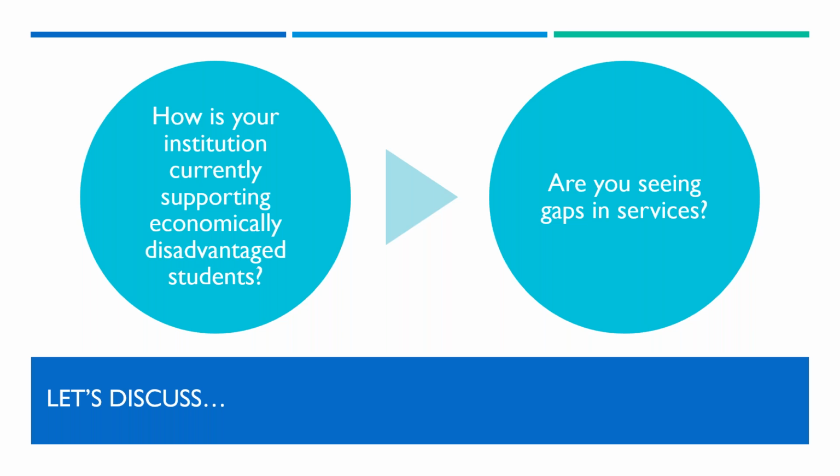Or what are some thoughts that you, experiencing everything with the pandemic and going virtual and e-learning, what are some things that you would like to implement in the future? And then where do you see those gaps? Where do you see those gaps in services for your students? And do you have any steps that you are planning to take or wanting to take in the future to kind of help close that gap? So I will let you kind of think about that and put your responses into the chat.